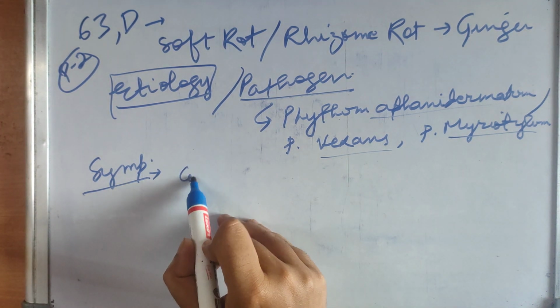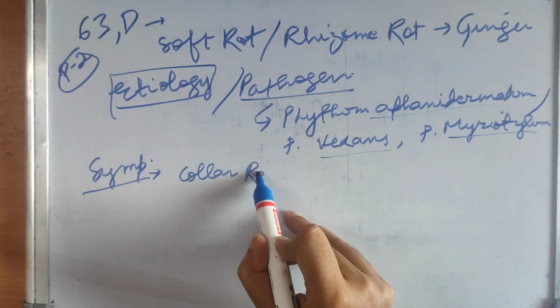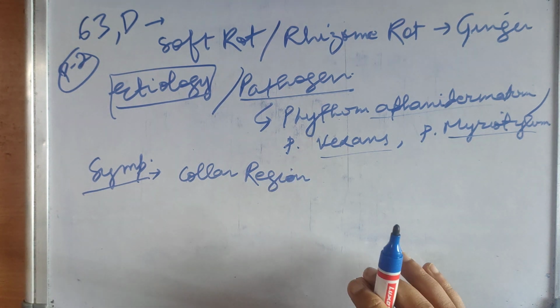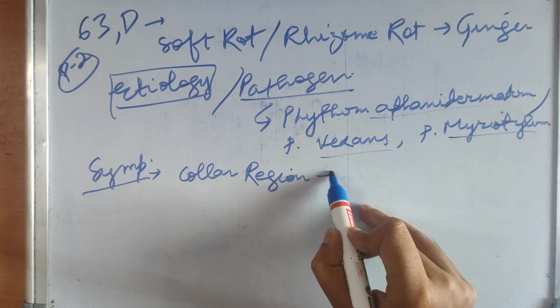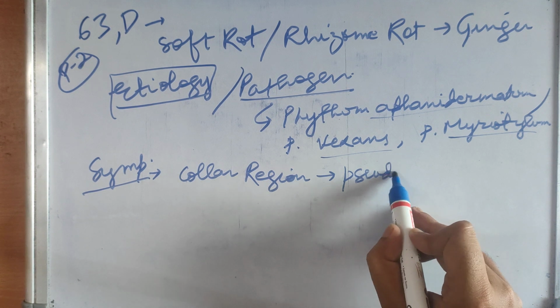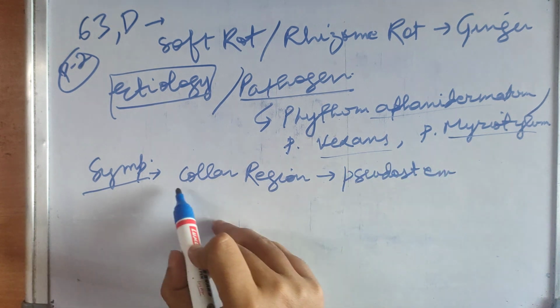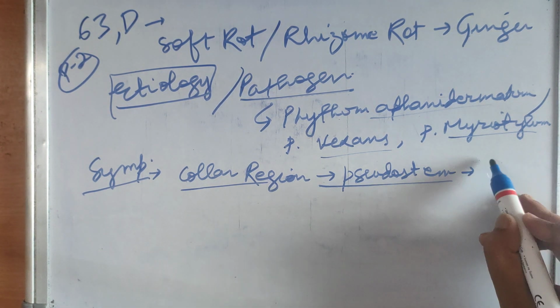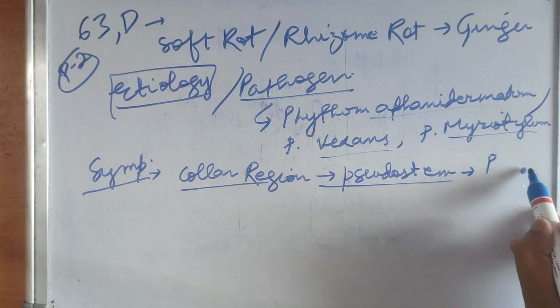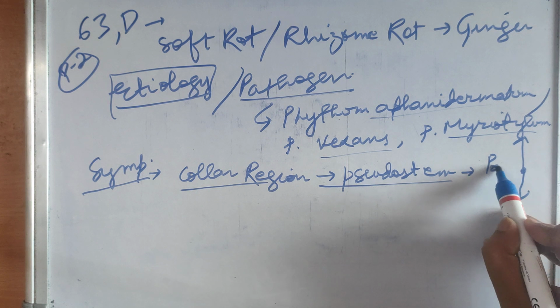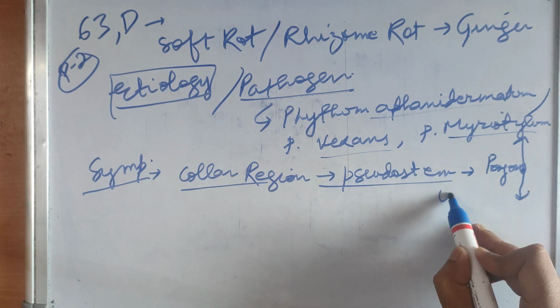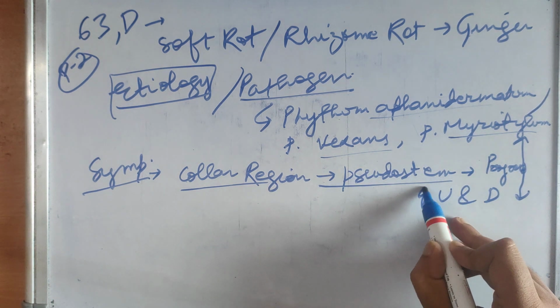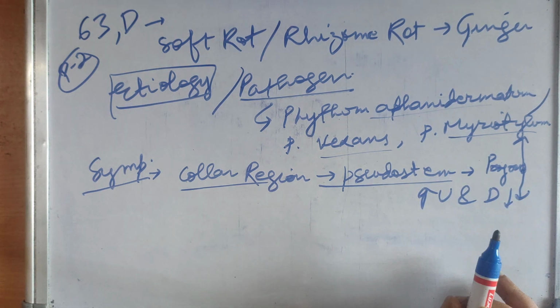The infection starts at collar region of pseudostem and progresses upwards as well as downwards and spreads to rhizome. Suppose this started here, this is the collar region, it will progress upwards, it will also progress downwards, and spread to rhizome.